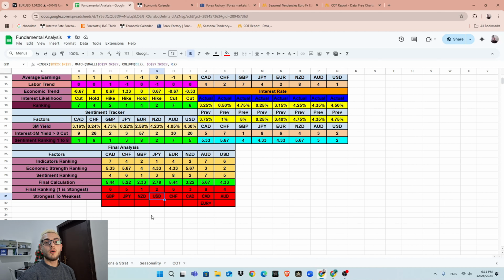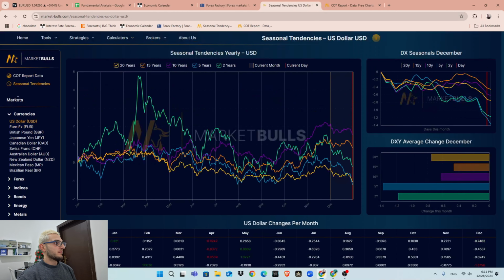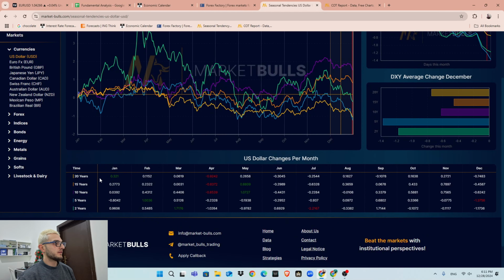Now, how I use seasonal tendency and seasonality to have more confluence in the trade opportunities that I take. If we go to the seasonal tendencies for the US dollar, in January we have an increase, an appreciation, based on the long term, and based on the recent 2 years, a huge appreciation in the US dollar.